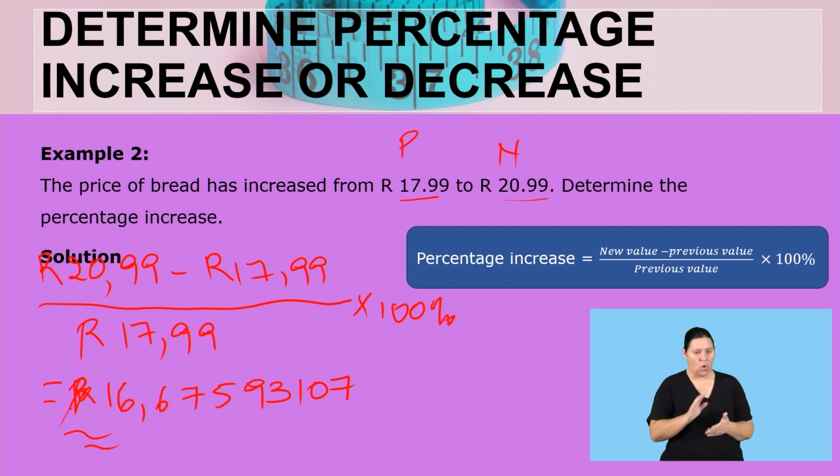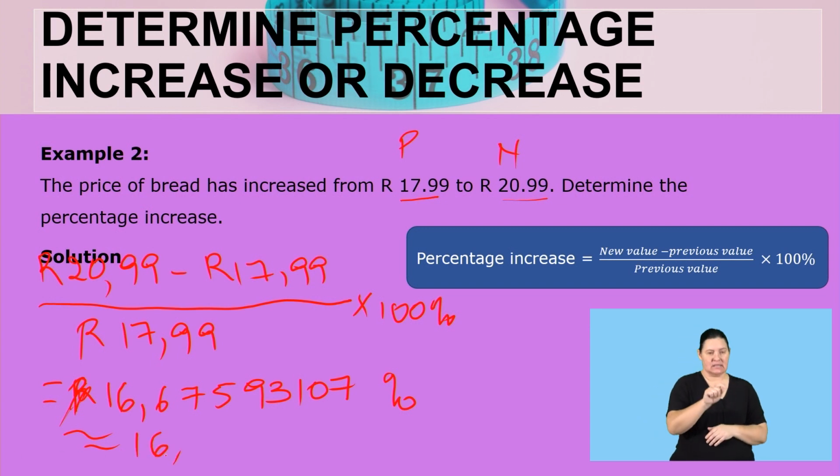Now we are rounding off. When we calculate, the rand will divide with the rand. Because it's a percentage increase, the answer will be in a percentage as a unit. Because we did not press the percentage, we can leave the percentage here. So rounding it off, our answer can be 16,68.